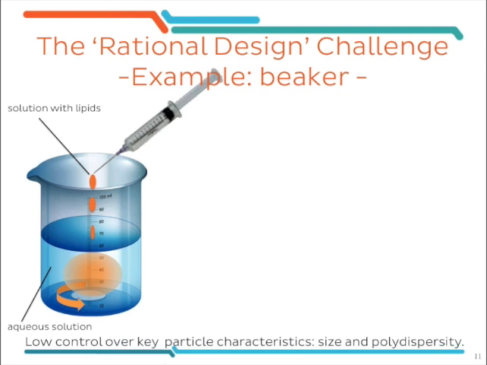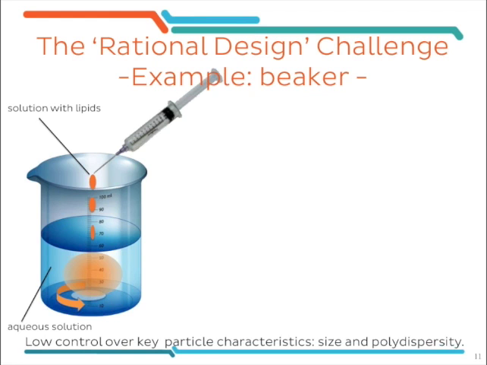Now, when we perform a nanoprecipitation in a beaker, we have a water-miscible organic solution containing the nanoparticle forming agent. So this could be a lipid dissolved in ethanol, for example. Now, this solution is added drop-wise to an aqueous buffer, for example, PBS.